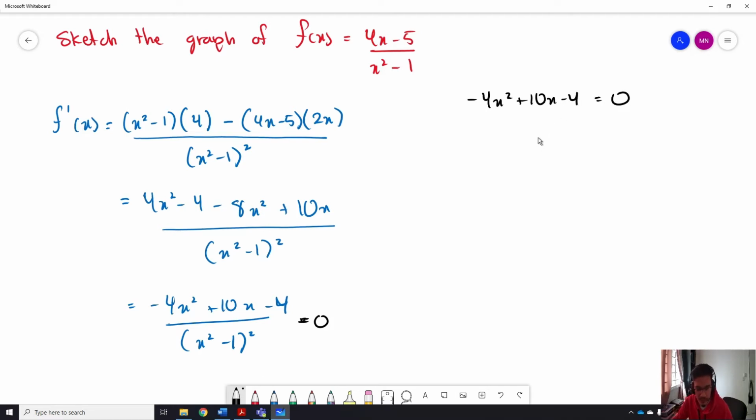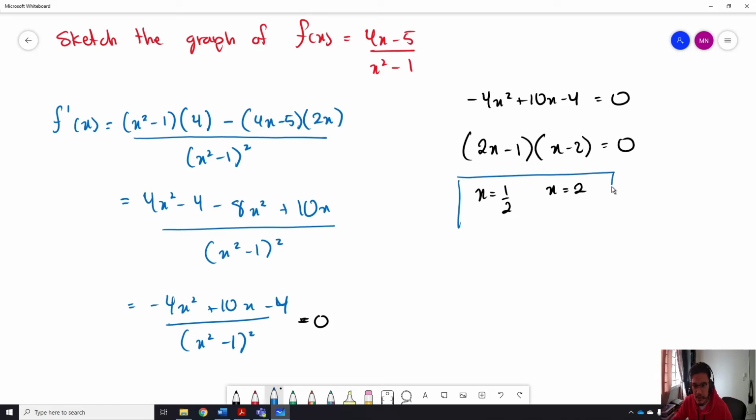And we factorize this, then we have (2x - 1)(x - 2) = 0. So then we have x = 1/2 and x = 2. So this is where the critical points will happen.